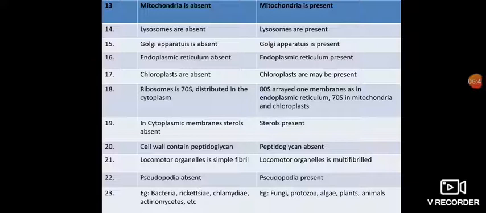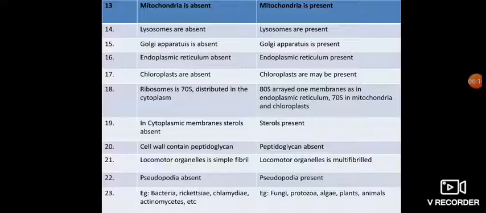First, mitochondria are absent in the prokaryotic cell, which is the inverse of the eukaryotic cell. The same goes for lysosome, Golgi apparatus, endoplasmic reticulum, and chloroplast. All of those are absent in the prokaryotic cell, and all of those are present in the eukaryotic cell.